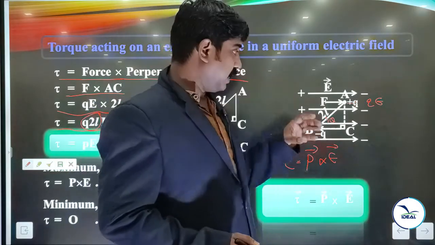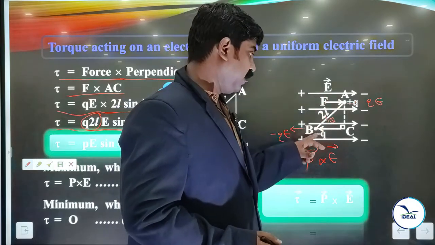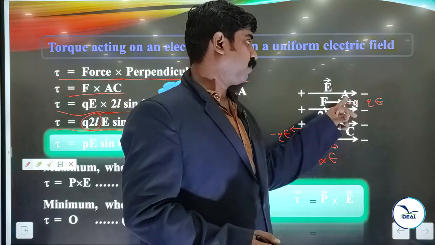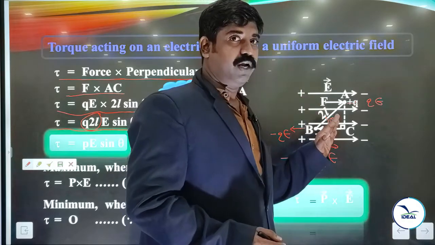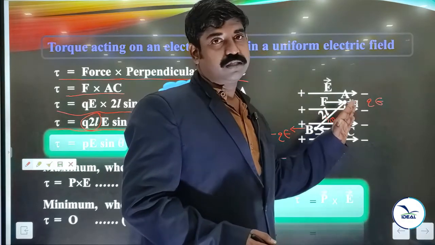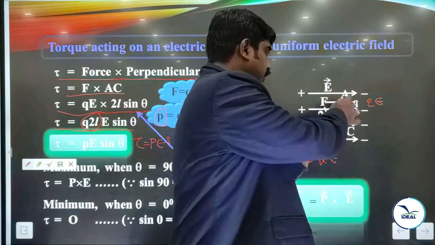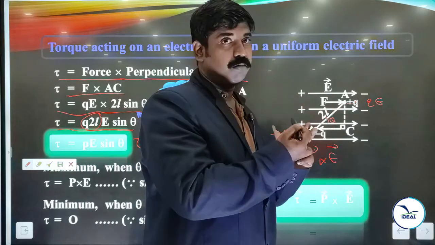So we considered a uniform electric field with a dipole placed in it. Due to the uniform field, the net force becomes 0, but because of these opposite forces, there is a chance of rotational motion.